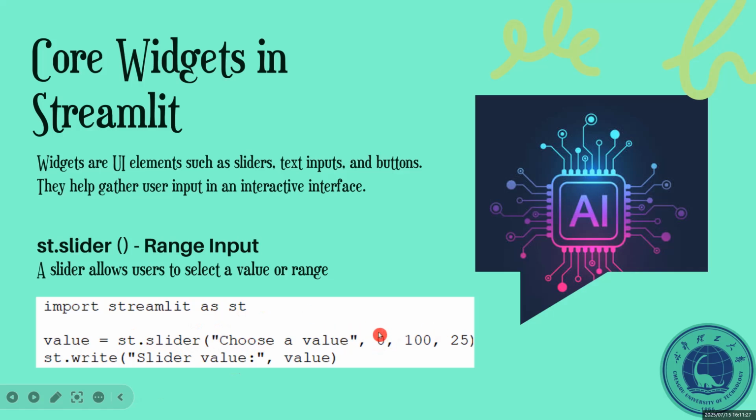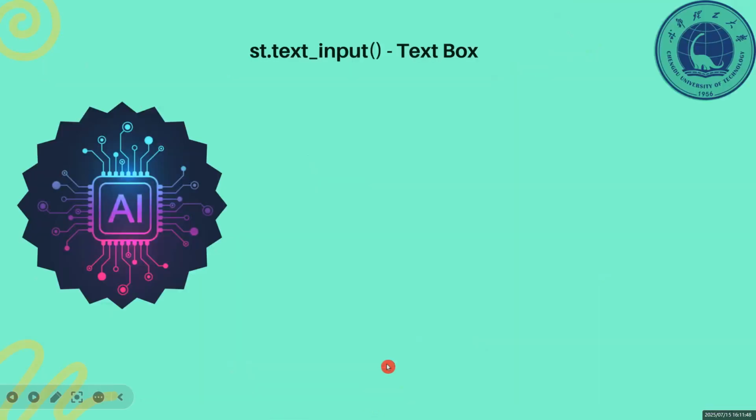That is, we're putting a range of 0 to 100, and we are putting the bar at 25. You're going to see this, so don't worry. And then we will write st.write slider value. In such a use case, we're going to set energy thresholds or prediction intervals.